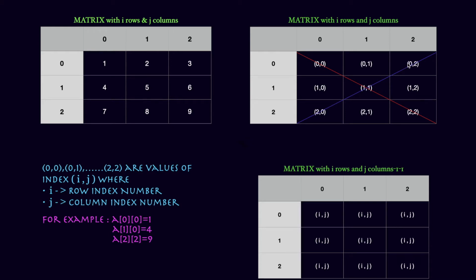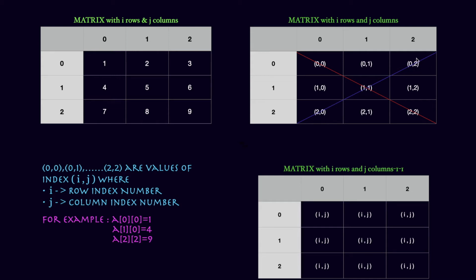You can see the i value, that is the row value, goes 0 1 2, increasing up to n minus 1. And for j, that is the column, 2 1 0, it decreases from n minus 1 to 0.